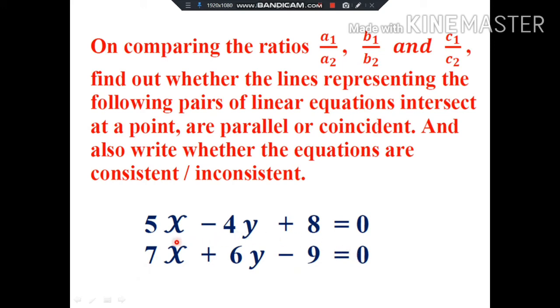Dear children, we have to find a1 by a2, b1 by b2 and c1 by c2 for this equation. First, we have to see whether both the equations are in standard form or not. You can see both the equations are in the standard form and 0 on the right side. Now we shall find the conditions.